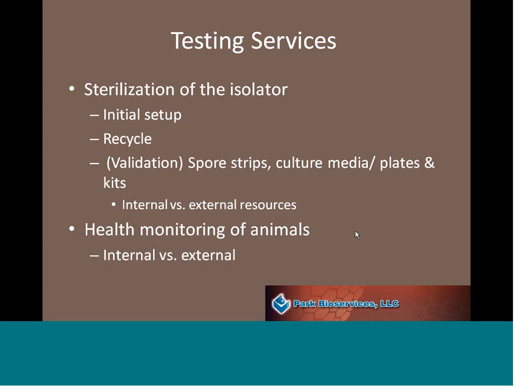Again, it's something you wouldn't typically do for isolators if you're using them for defined flora, like nudes and SCIDs. You typically wouldn't use it for quarantine, but in a germ-free setting, it's much more important to get it right, get it perfect.